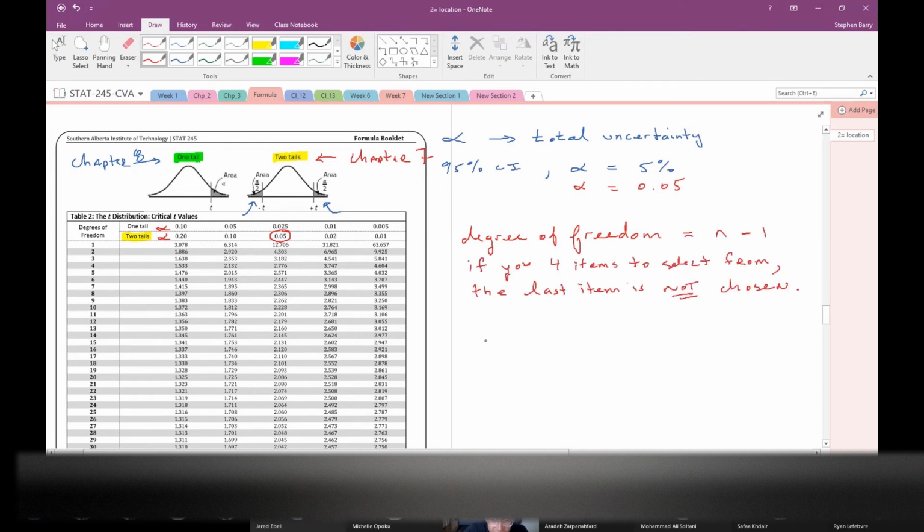So if you have a sample size of 10, like we do in our problem, your degree of freedom is going to be 9. And so you would go here and say, all right, 0.05, degrees of freedom 9. And so this is our t-score here that we're going to use.